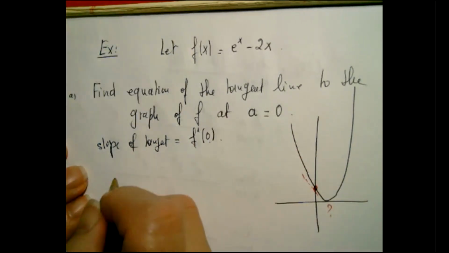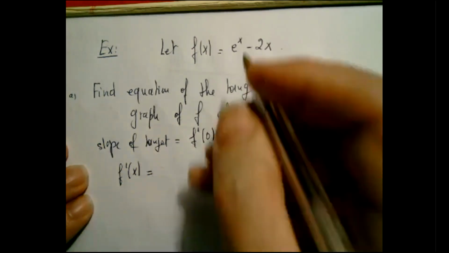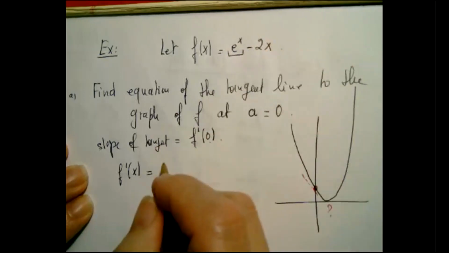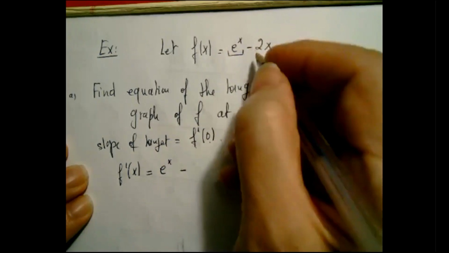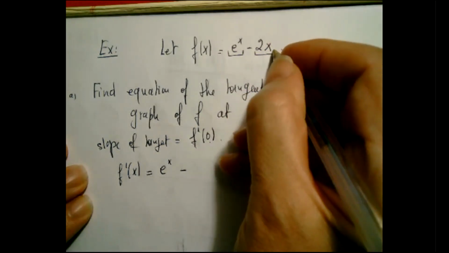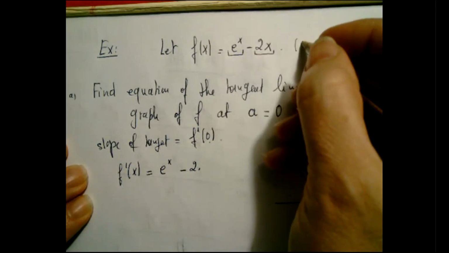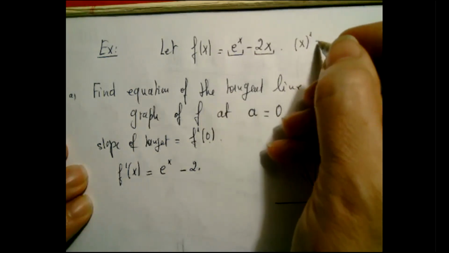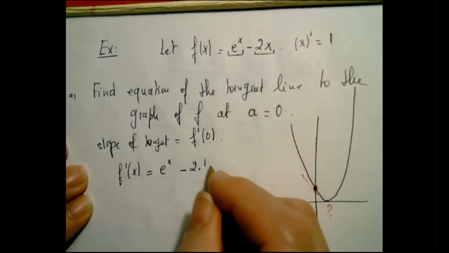So first I need f prime. What is f prime of x? It is equal to the derivative of e to the x, which is e to the x, minus the derivative of 2x. 2 is a constant, the derivative of x is 1, times 1.